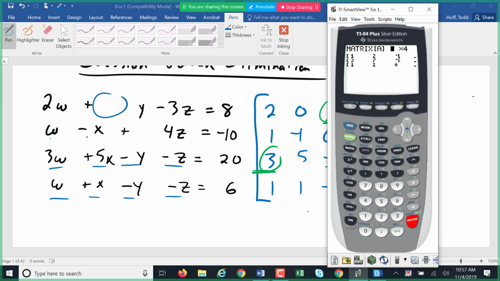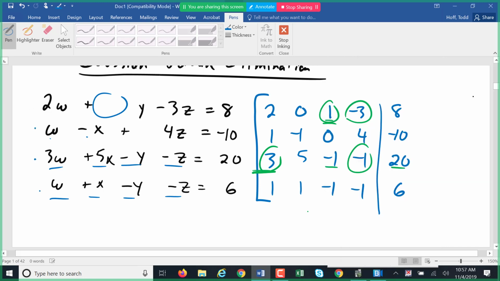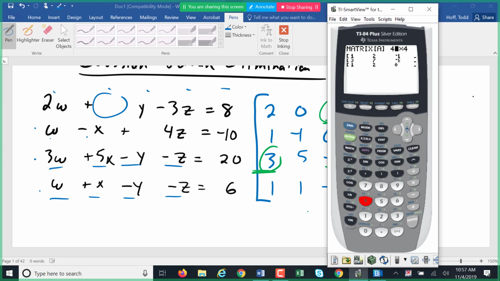I'll select matrix A. The dimensions here, there is 1, 2, 3, 4 rows, and there are 5 columns. I count that augmentation as a column. So this is going to be a 4 by 5. And I'm just going to enter it. 2, 0, 1, -3, and 8. There's my first equation entered in.